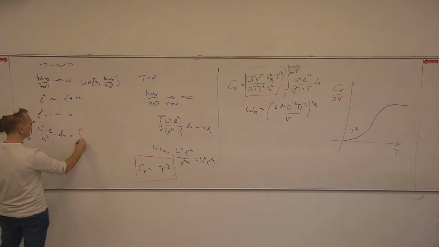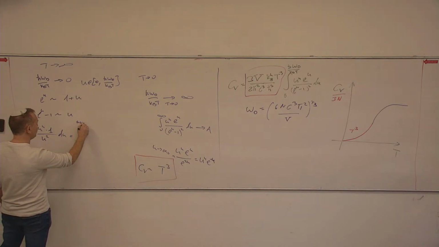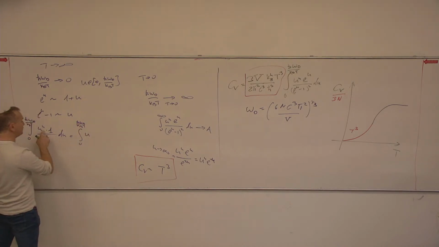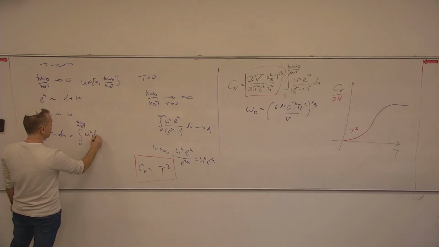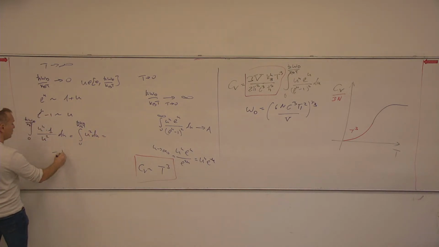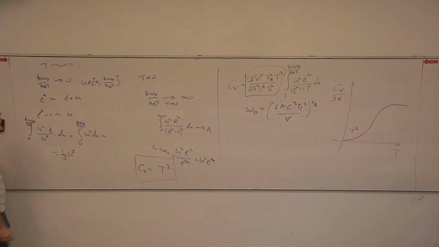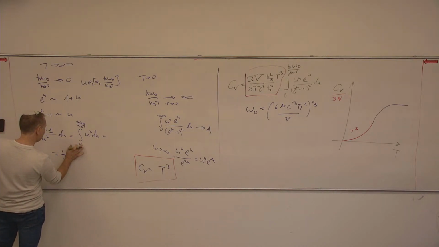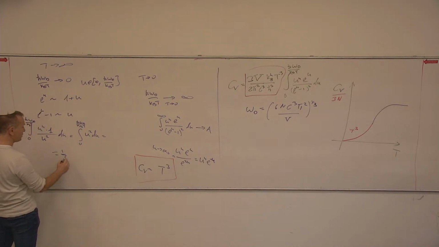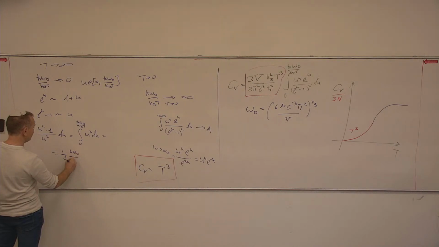So we have an integral from 0 up to h bar omega D divided by k Boltzmann T of u squared du, which is 1/3 u to the third power. Right? It's not u. Let's write it down properly: it's 1/3 h bar omega D divided by k Boltzmann T, to the third power.